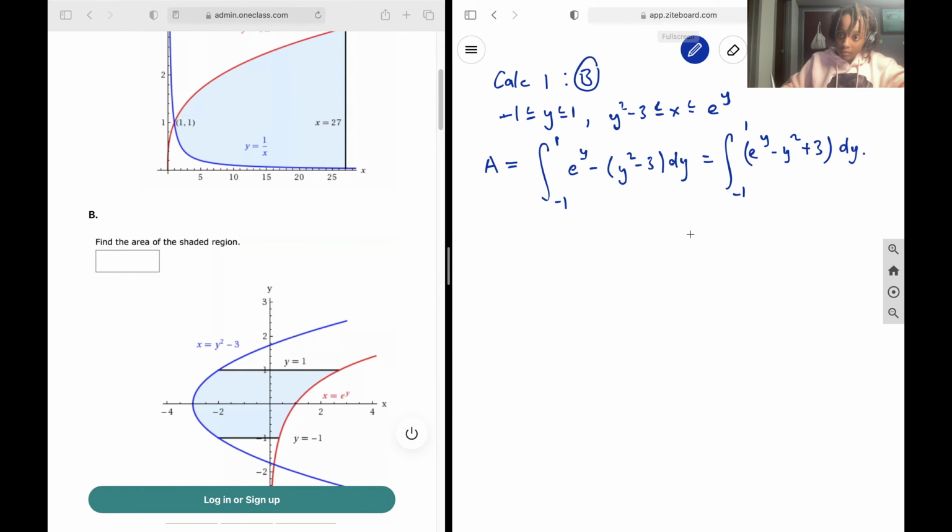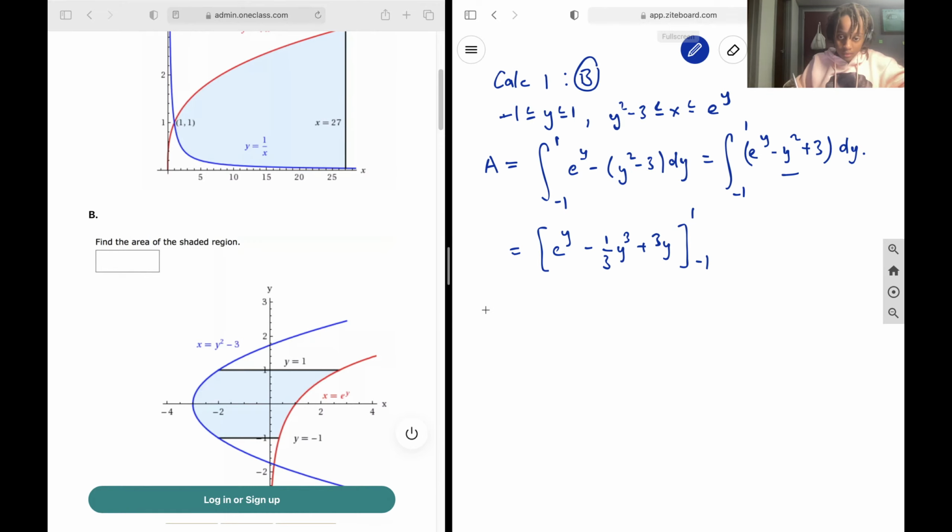Now this is going to give us, remember the exponent rule here, simply e to the y minus 1 over 3 y cubed plus 3y from -1 to 1 since it's bounded.